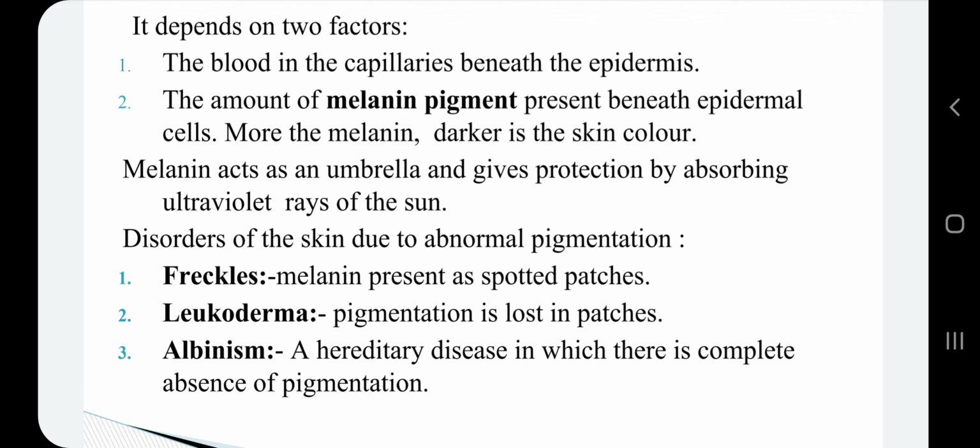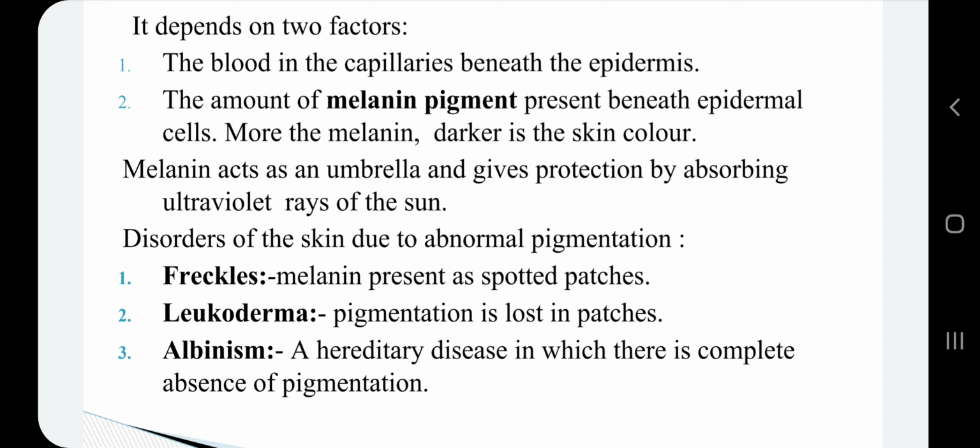Albinism is a hereditary disease, means the person gets it from the parents, and there is a complete absence of pigment, means melanin is not at all present in the body, whether it is hair or the skin. So it is complete absence of melanin pigment. So these are the three disorders of the skin due to abnormal pigmentation.